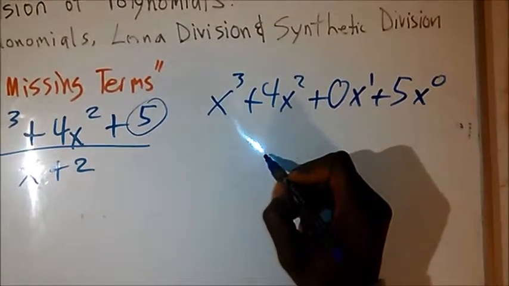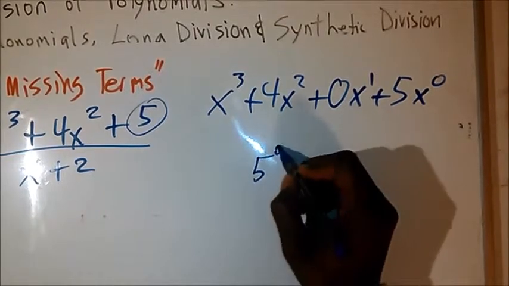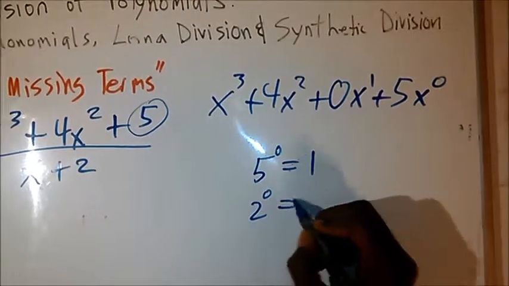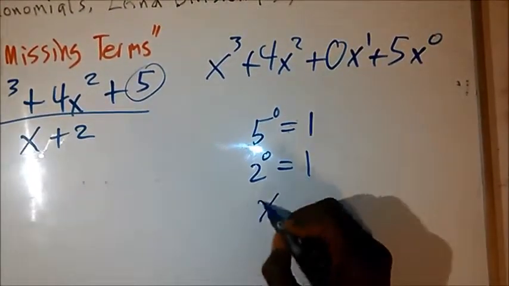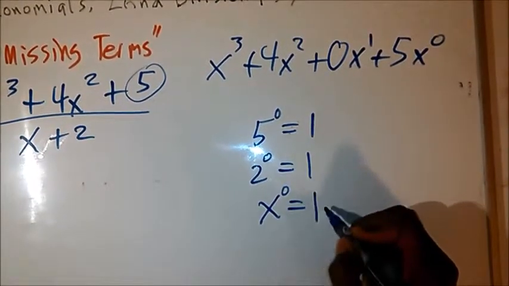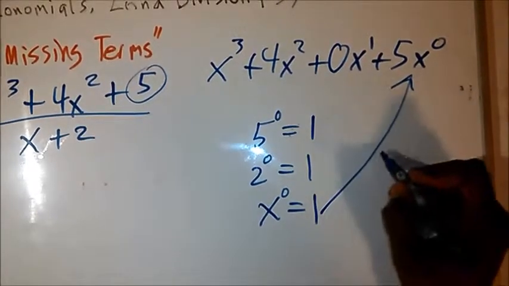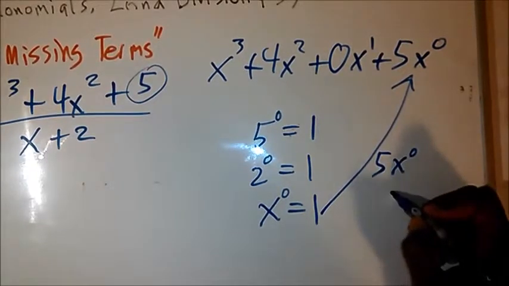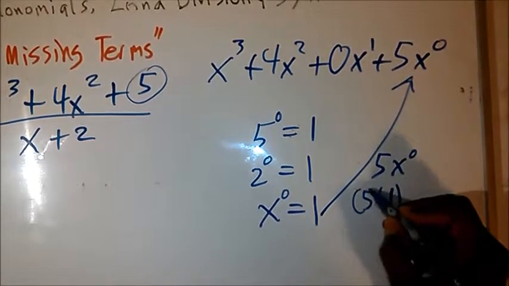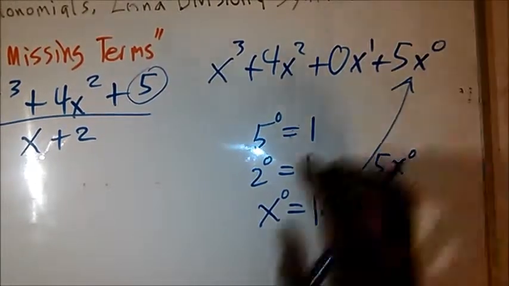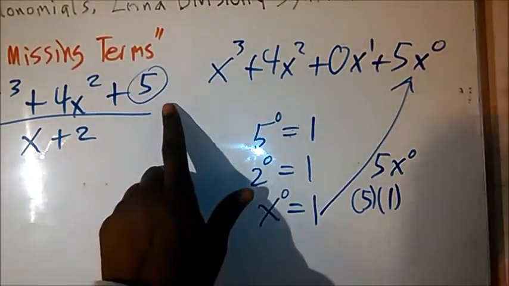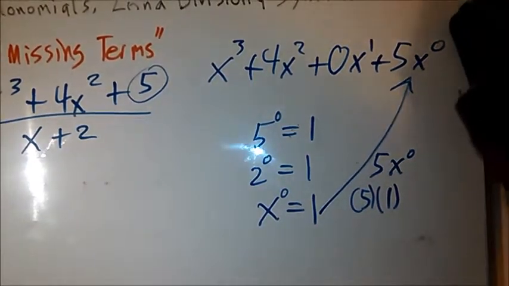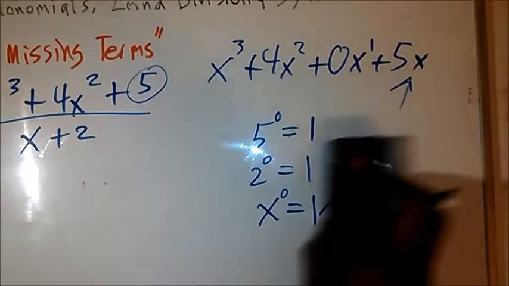Remember, if x is raised to the 0 power, the answer will be 1. So 5 times 1 is 5. That's why it's just given that you know this is a constant, 5. You don't have to always put x to the 0 power. It's just given that you know it already.